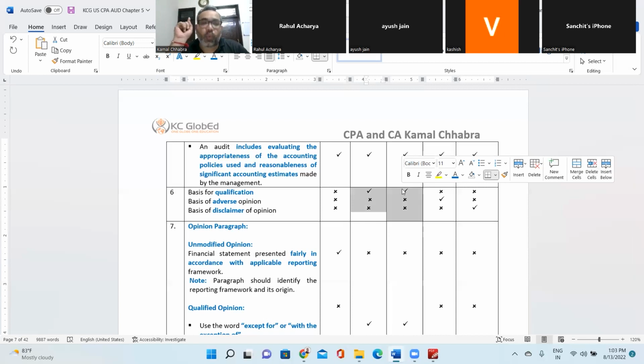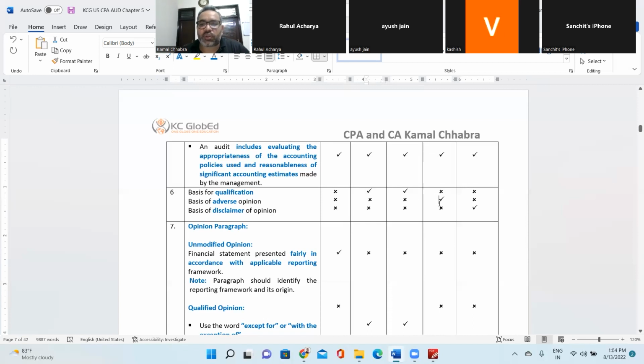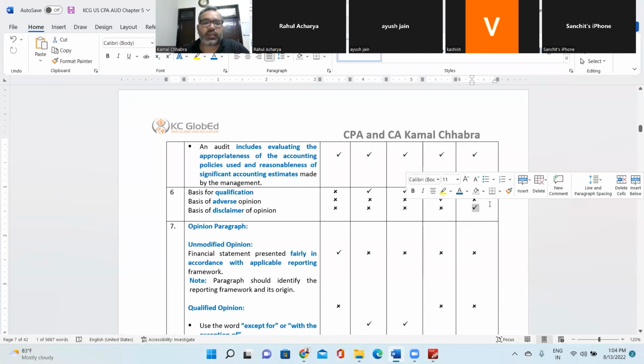That is the basis of qualification you need to mention when there is a modified report, whether it's on account of GAAP issue or on account of GAAS issue. In the fourth, only the adverse opinion basis paragraph is marked as tick, and in the last one, the disclaimer of opinion basis is marked as tick. Make sense?